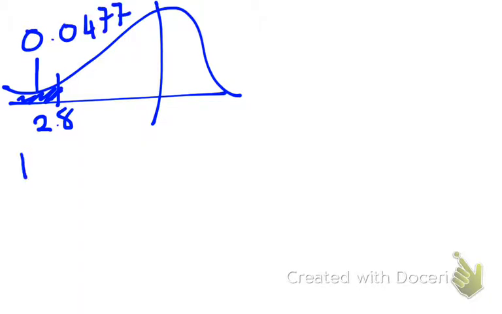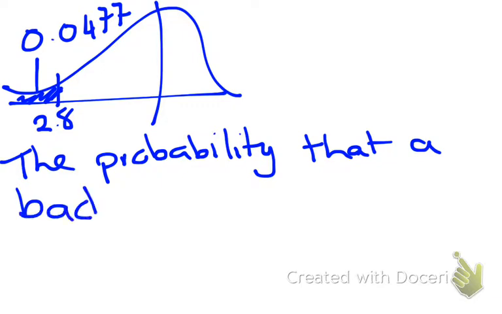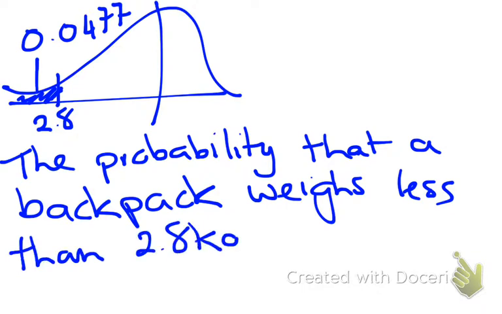So our sentence, always put it into context, could be: the probability that a backpack weighs less than 2.8 kg is 0.0477.